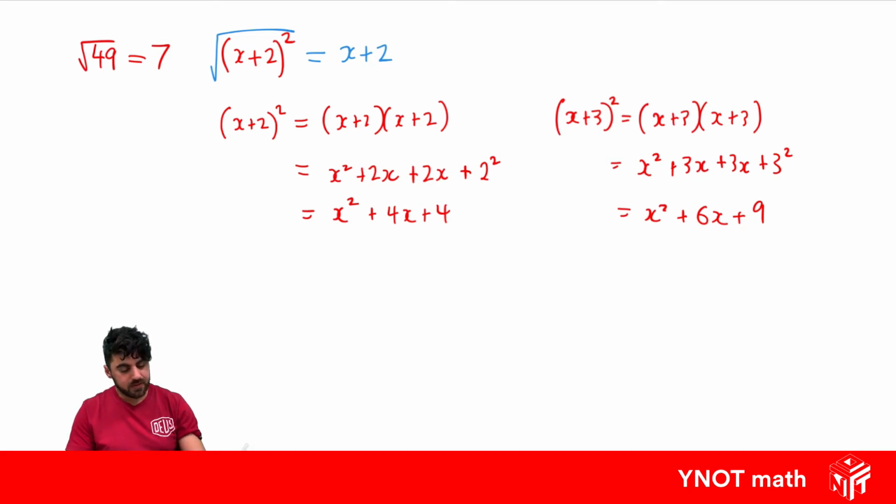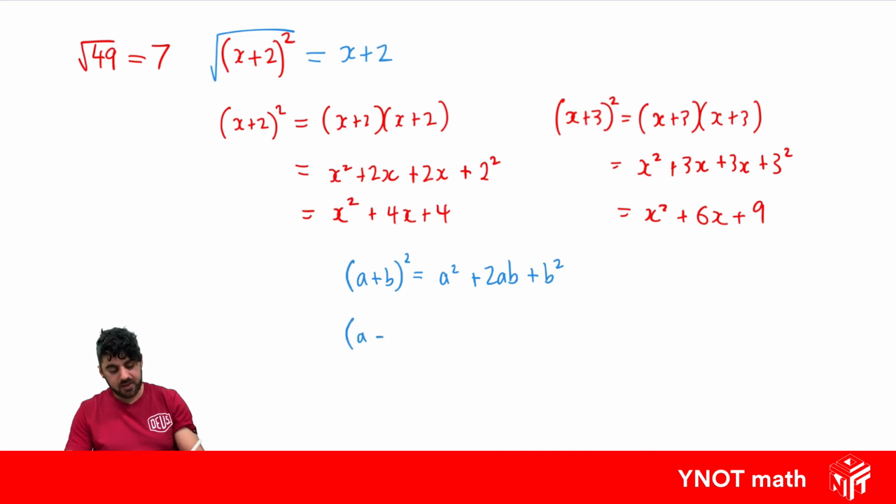So if you would like, we can write a formula generalizing these results. We can say that (a + b) all squared, well, we square the first term, so we get a squared. We times the two together, a times b is ab, then double it, get 2ab, and we square the last term, where we get b squared. If it happened to be a minus in the middle, (a - b) squared, we just do the same thing.